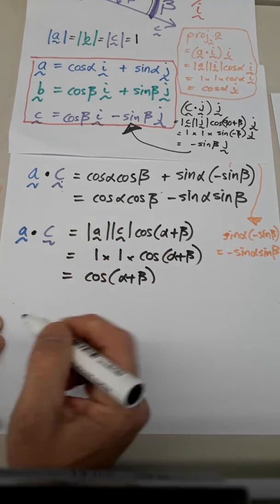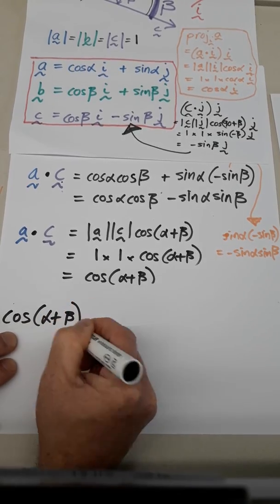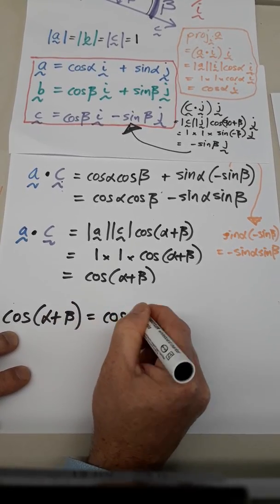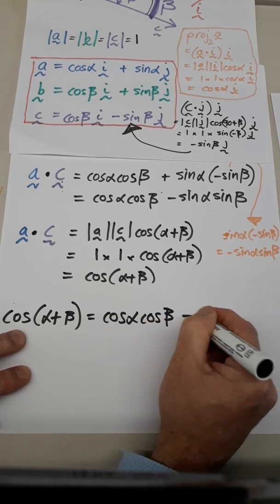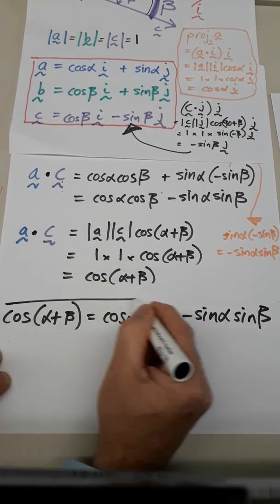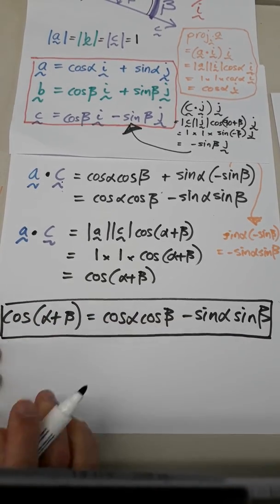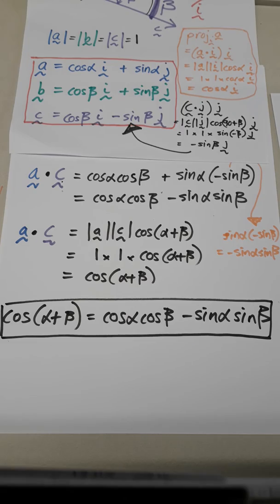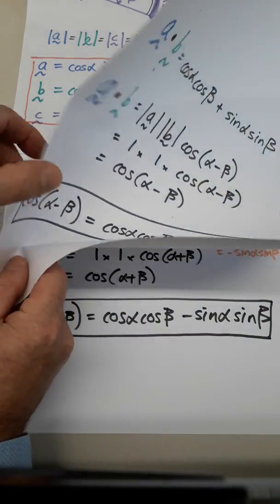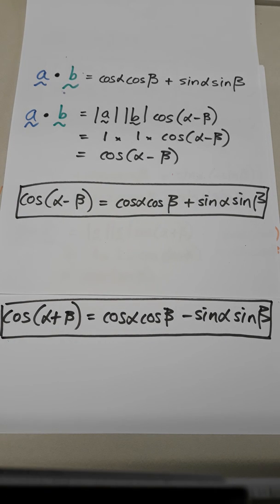So these two things are equal because they're both equal to A dot C. So there we have the compound angle formula for cos of A plus B, or alpha plus beta, and cos of alpha minus beta, developed from using vectors.